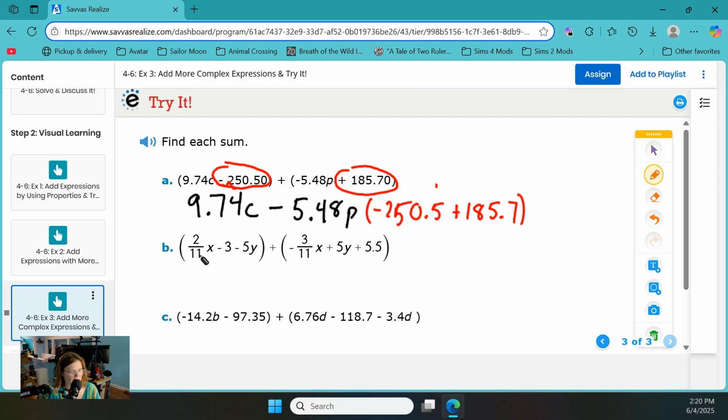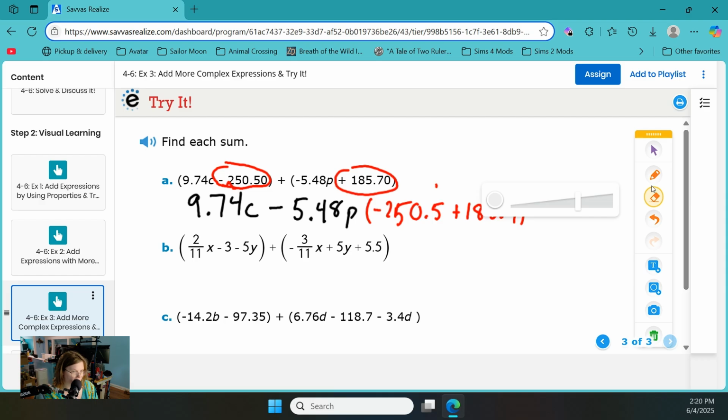And I'm going to type that in my calculator. So negative 250.5 plus 185.7. Now, because I'm running out of room on my little screen here, I'm going to just subtract. I'm going to get rid of that writing and replace it with the answer.